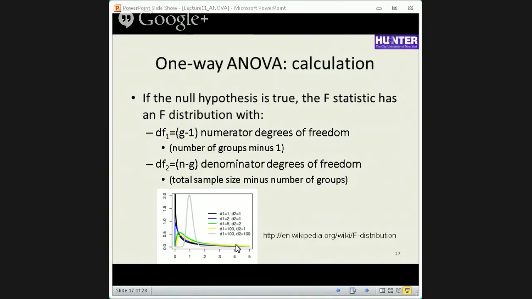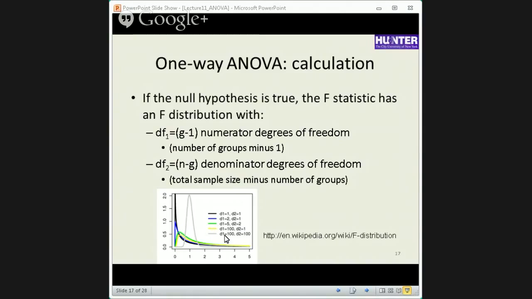Here's just an example of how it varies with the degrees of freedom. It varies a lot. But you'll note that for few degrees of freedom on both sides, a lot of the probability is down close to 0, but it has a long, long tail. So with these small sample sizes, the F statistic can range up to pretty large values just due to chance.